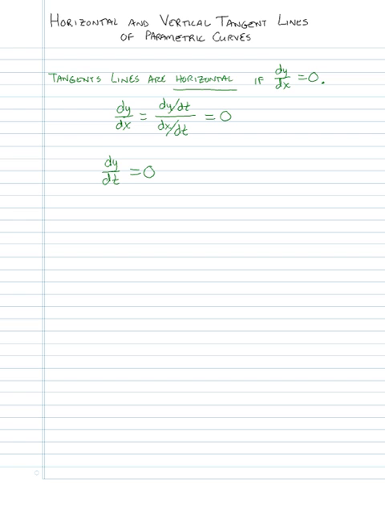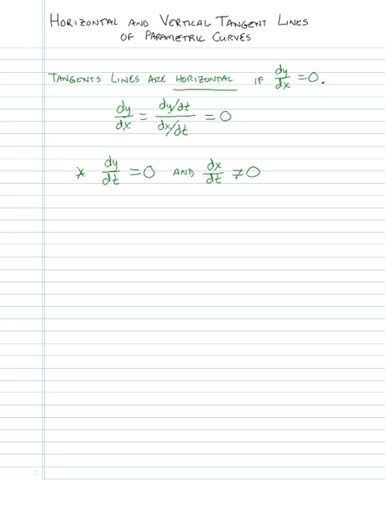So we also have to say not only is the derivative of y with respect to t equal to 0, but simultaneously the derivative of x with respect to t is not allowed to be 0. So that's when we have horizontal tangent lines. These two conditions must be true.